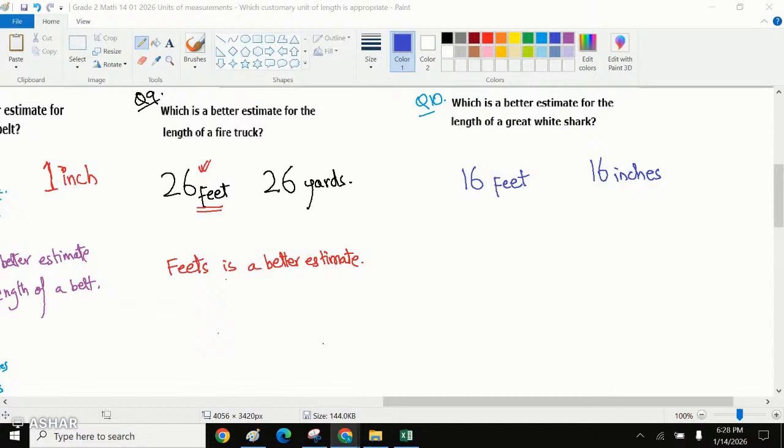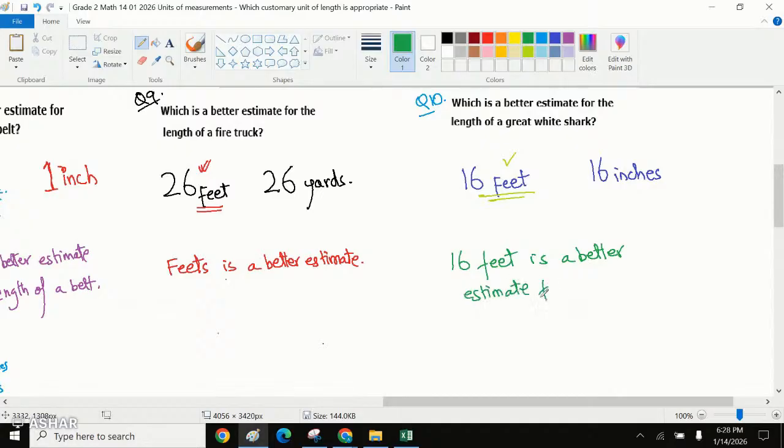That means if we think we are tall, then 10 times our height would be very tall. That is 16 feet. So we say that 16 feet is a better estimate.